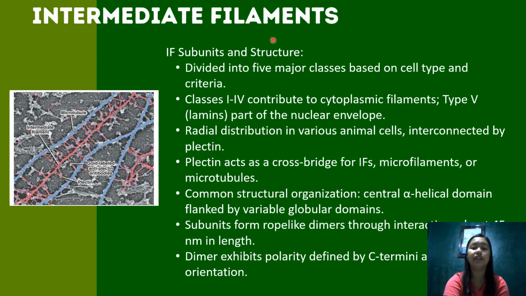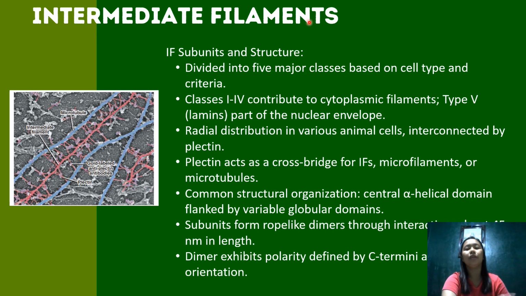So, intermediate filaments represent a structurally diverse group, categorized into 5 classes. The class 1 to 4 contribute to the cytoplasmic filaments, while type 5 or lamins is integral to the nuclear envelope. So, present in animal cells, the IFs display a radial distribution and are interconnected by plectin, a fibrous protein acting as a cross bridge for IFs, microfilaments, and microtubules.